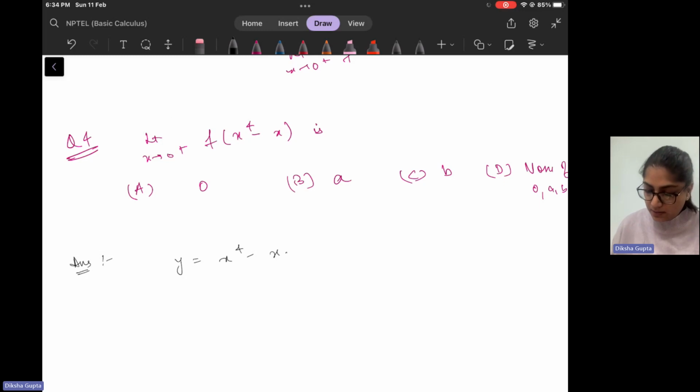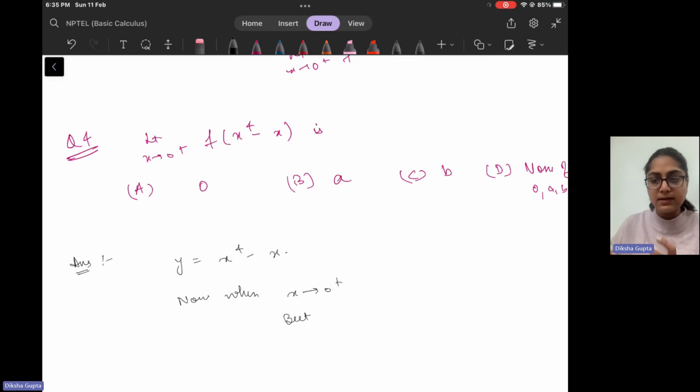Alright, so now you have to evaluate the limit at 0 plus. So now x tending to 0 plus means x is a little greater than 0, but still less than 1. Not very much larger than 0, because whenever we evaluate a limit, we see the behavior of the function at that point locally, right?